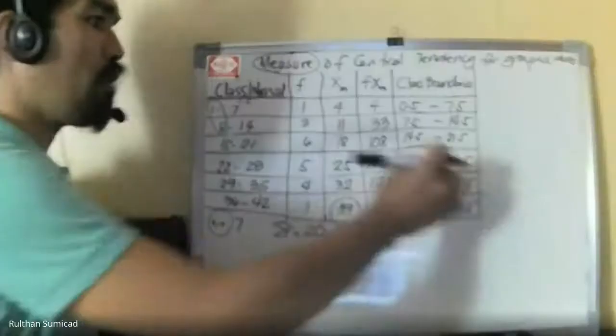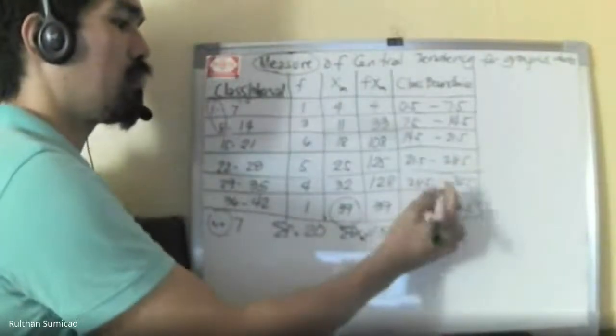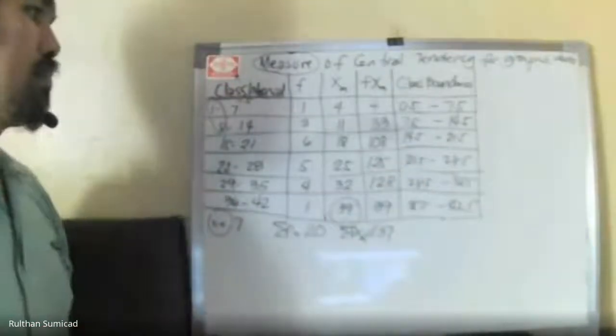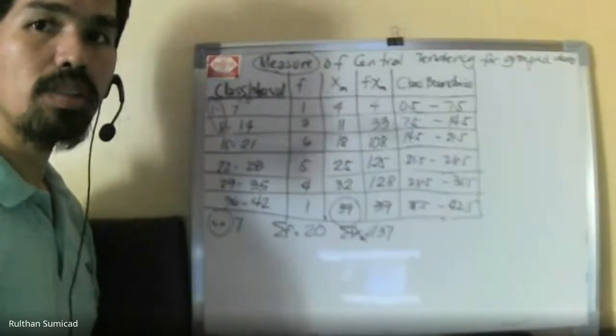Can you please just complete this column? 14.5, 21.5, 21.5, 28.5, 28.5, 35.5, 35.5 and 42.5. Okay? Everybody, do you have the same column? The same entry?